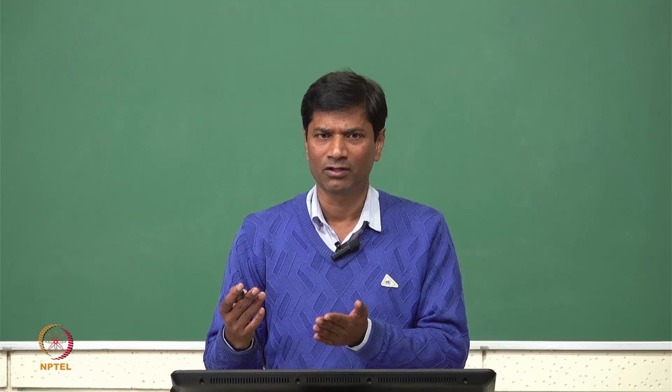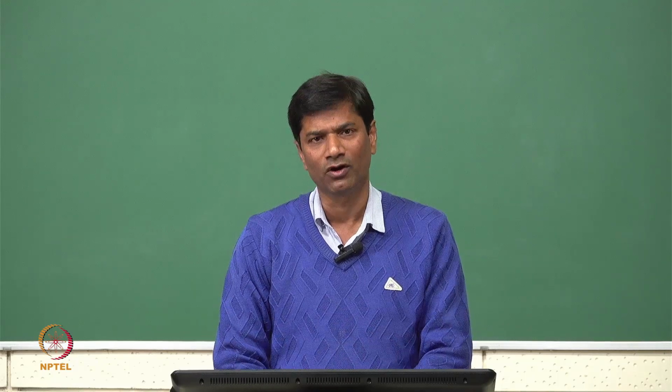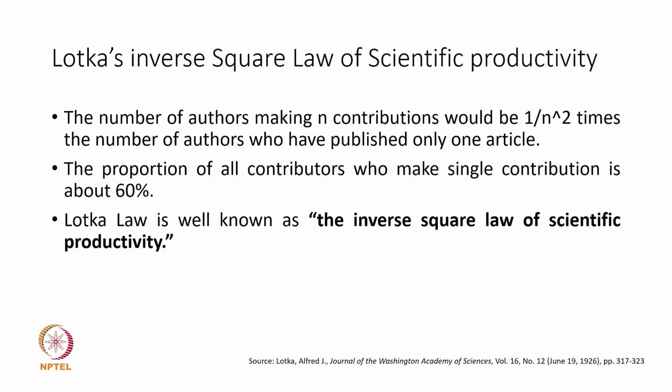The number of authors who published 4 articles would be 1 by 16 and so on. Hence, the number of authors making n contributions would be 1 by n square times the number of authors who have published one article.